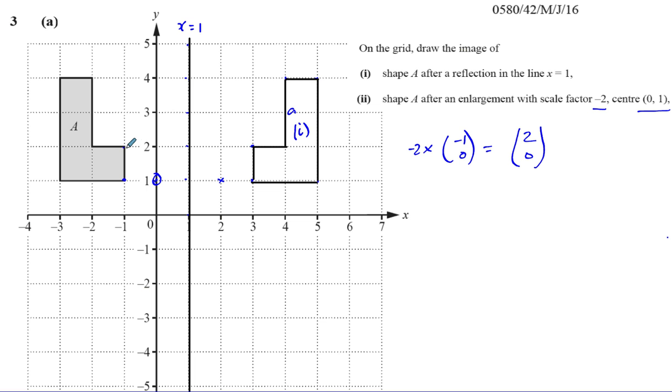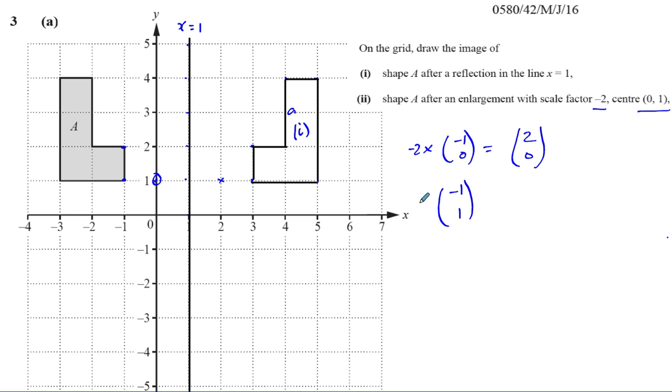So I'm going to now do the same for this point over here. The vector taking me from the center of enlargement to this point is going to be (-1, 1), because you've got to go 1 to the left and 1 up.